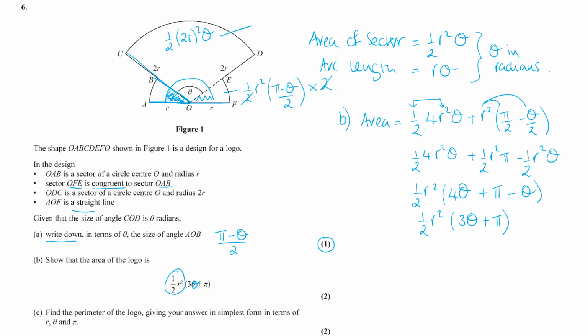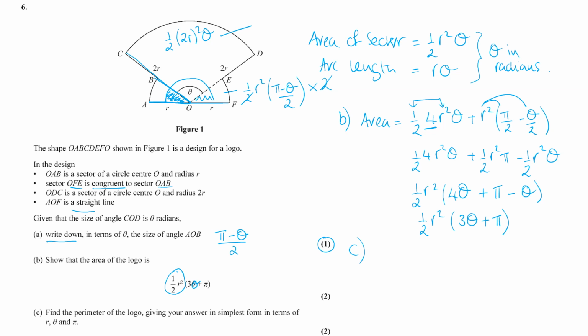Now if you did multiply those together and get 2r squared theta, then you'd just have to factorize and take half r squared and times by 2 again and get the 4. So you could do that. So that's the answer to part B.